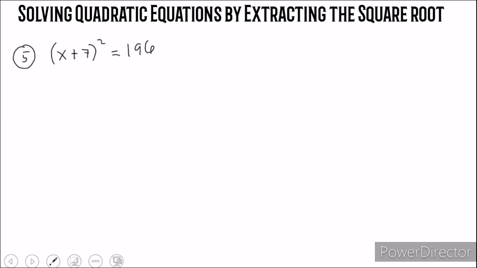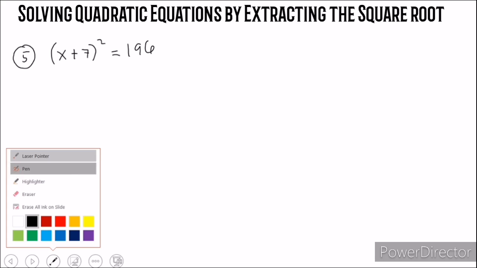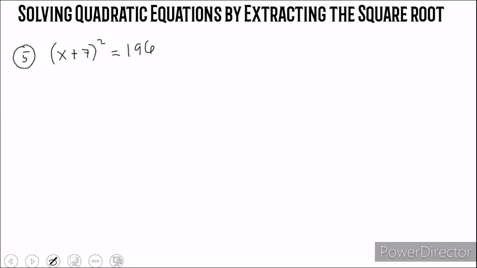And 196 is also a perfect square. So, the first thing that we need to do is to get the square root. Kunin na natin agad yung square root. So, cancel na lang yun. Will leave us x plus 7 equals the square root of 196 is 14. Positive or negative 14. Okay.